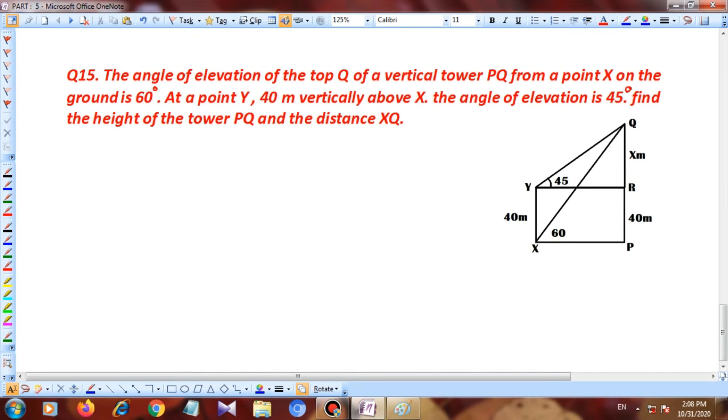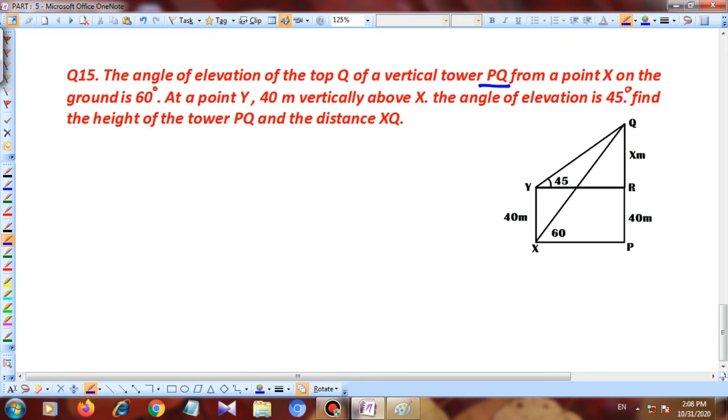Now our next question is: the angle of elevation of the top Q of a vertical tower PQ from a point X on the ground is 60 degree.